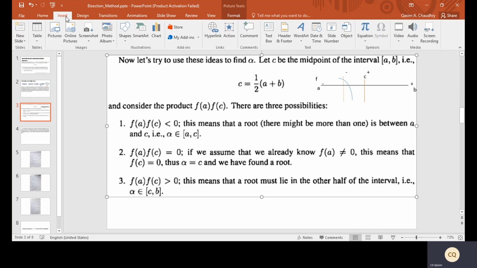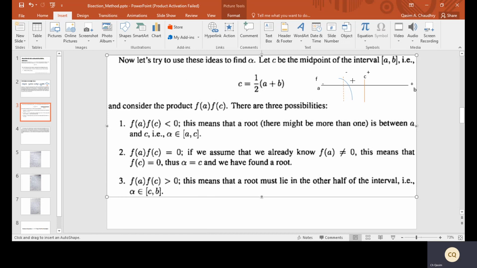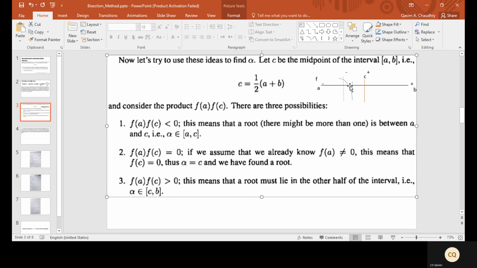And now once again, find out another point, half. Once again, make it half. Let me draw the line here. And students, let's say this is your point. The next point. So now the root will lie between this interval and this. If you take the half, then maybe this will be your root of the equation.